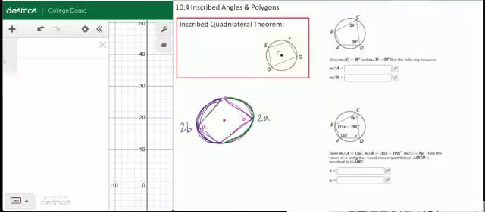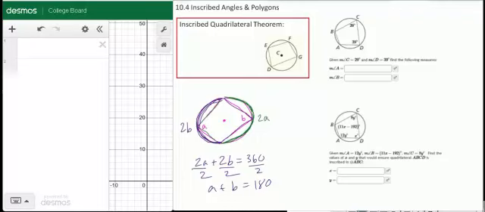Okay, so in order for us to find the relationship between A and B, these opposite angles here, we know now that 2A plus 2B equals a full rotation around the circle, which is how many degrees? 360. And so if we divide everything by 2, we get A plus B is equal to half of 360.